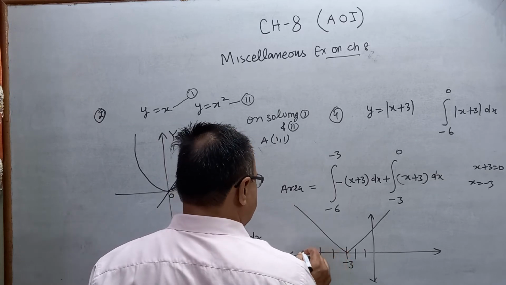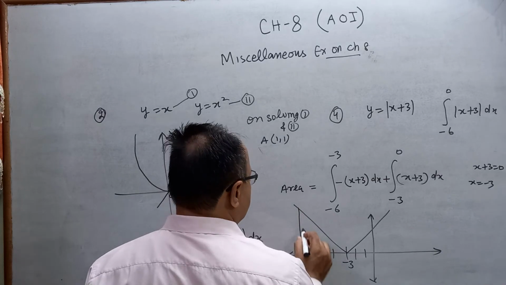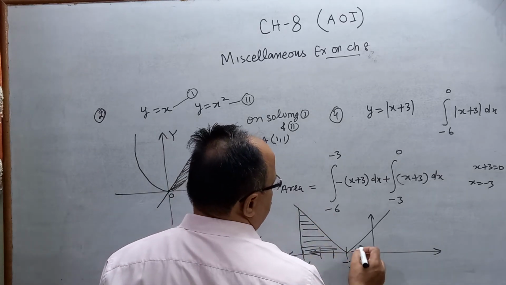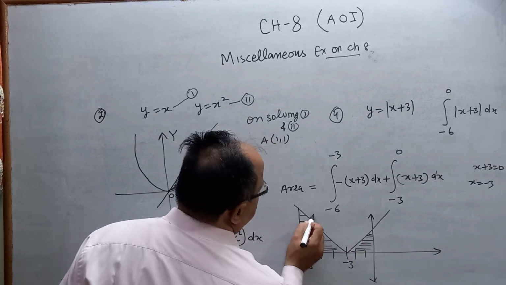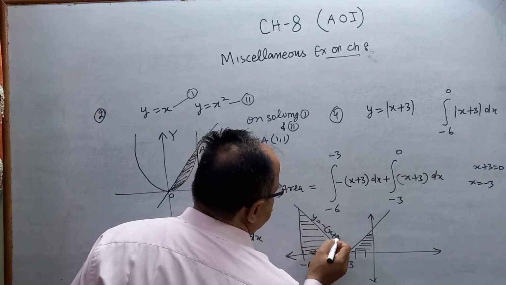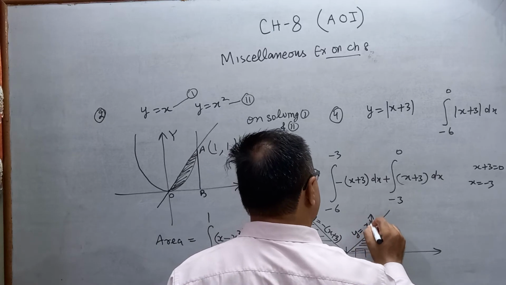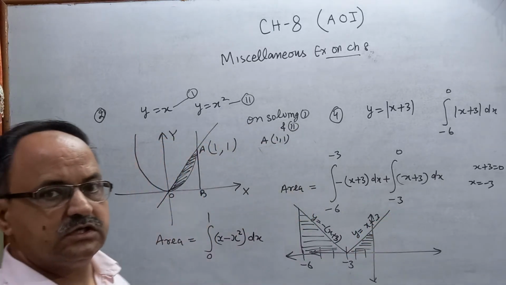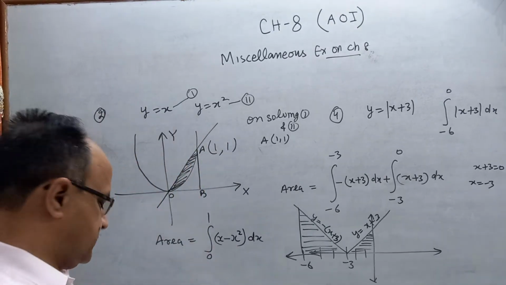You want to find the area of this portion. The equation of this line is y is equal to minus x minus 3, and the equation of this line is y is equal to x plus 3. Further, you can solve with simple integration, upper limit minus lower limit.